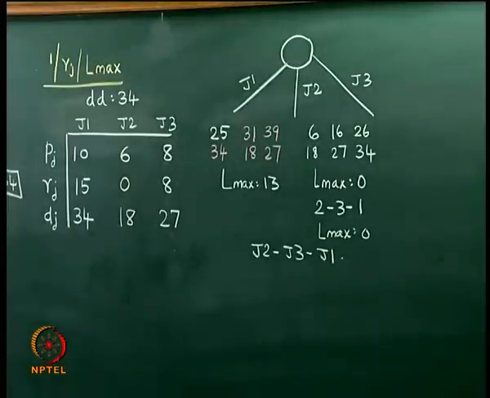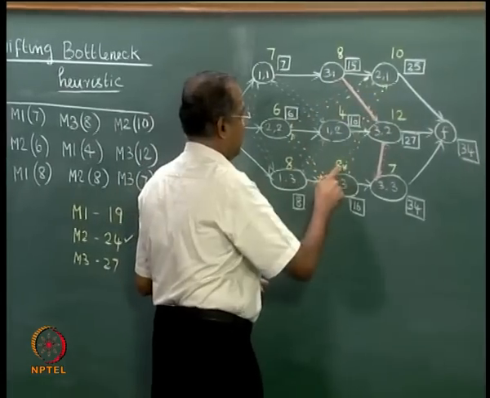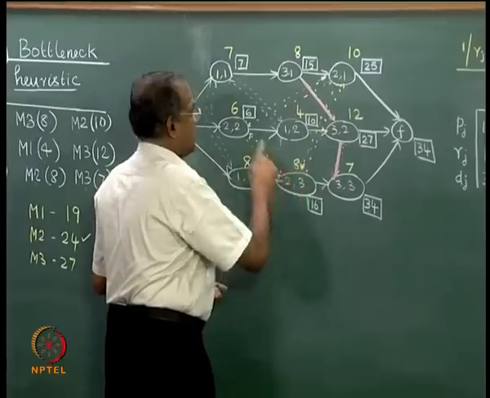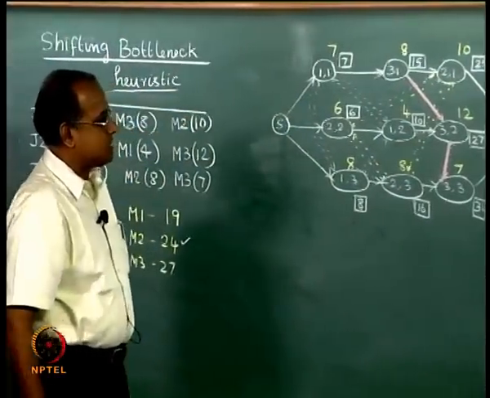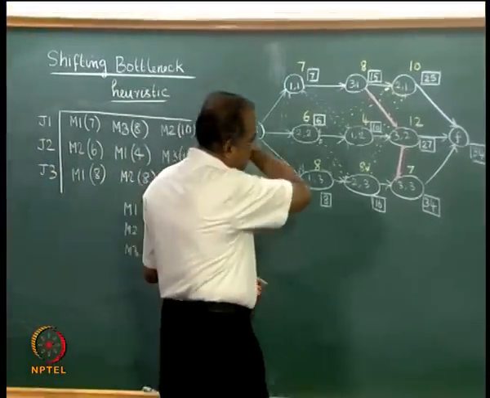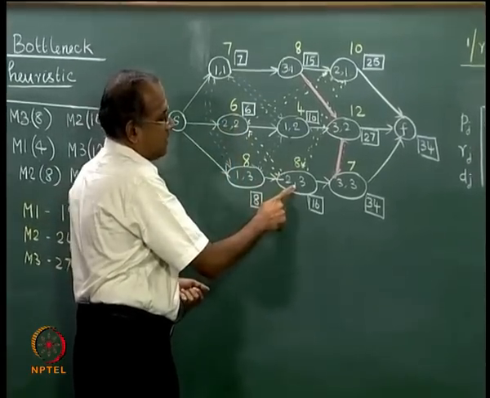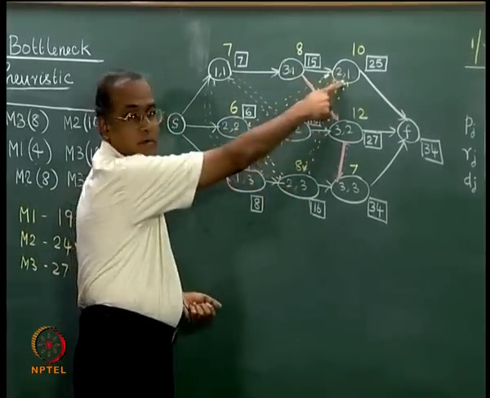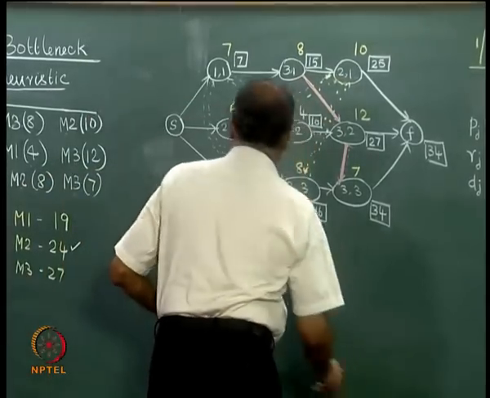Now, we superimpose this on M2. So, M2 is shown with the yellow color. So, these 6 arcs are there. So, the sequence is J2, J3 and J1. So, first on M2 we will first do J2, then we will do J3 and then we will do J1. So, we have to update this.